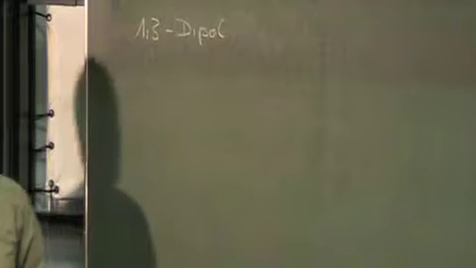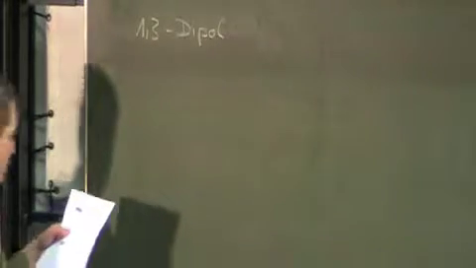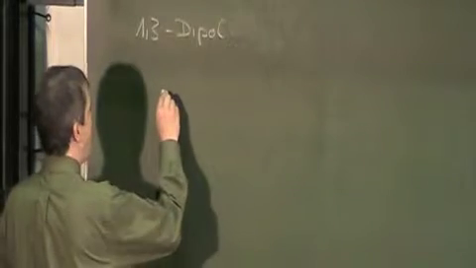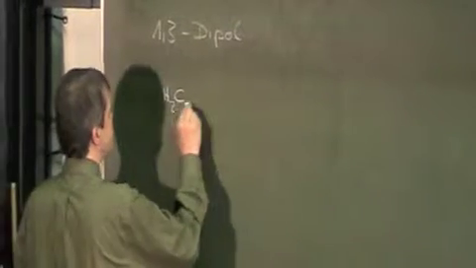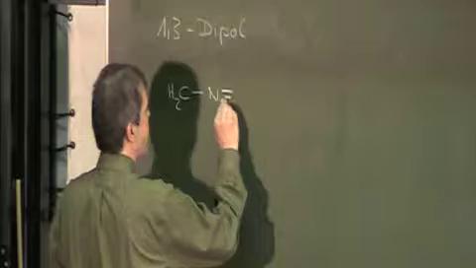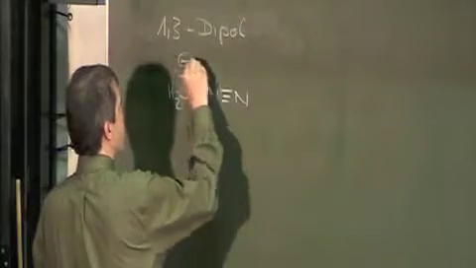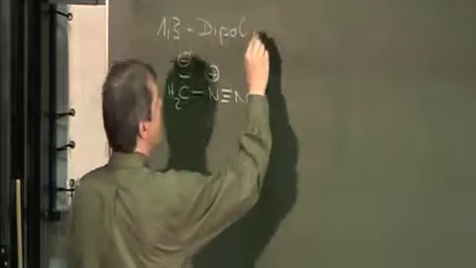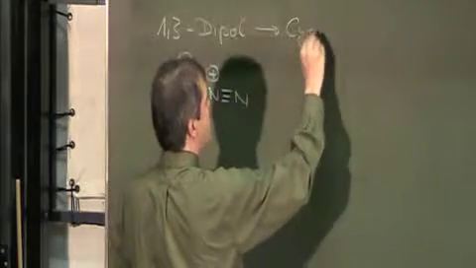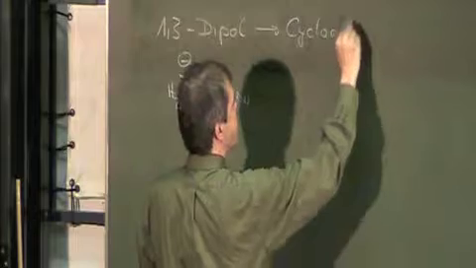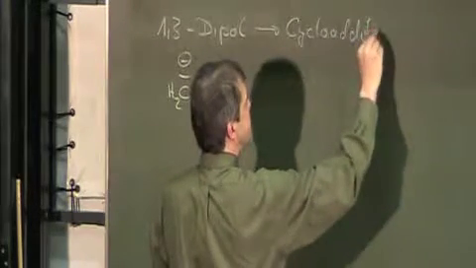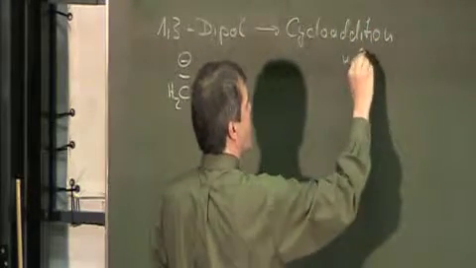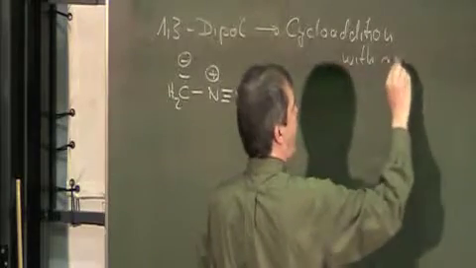And we also already looked at the structure of diazomethane, that it is potentially a 1,3 dipole. And so therefore, it can undergo cycloadditions with alkenes.